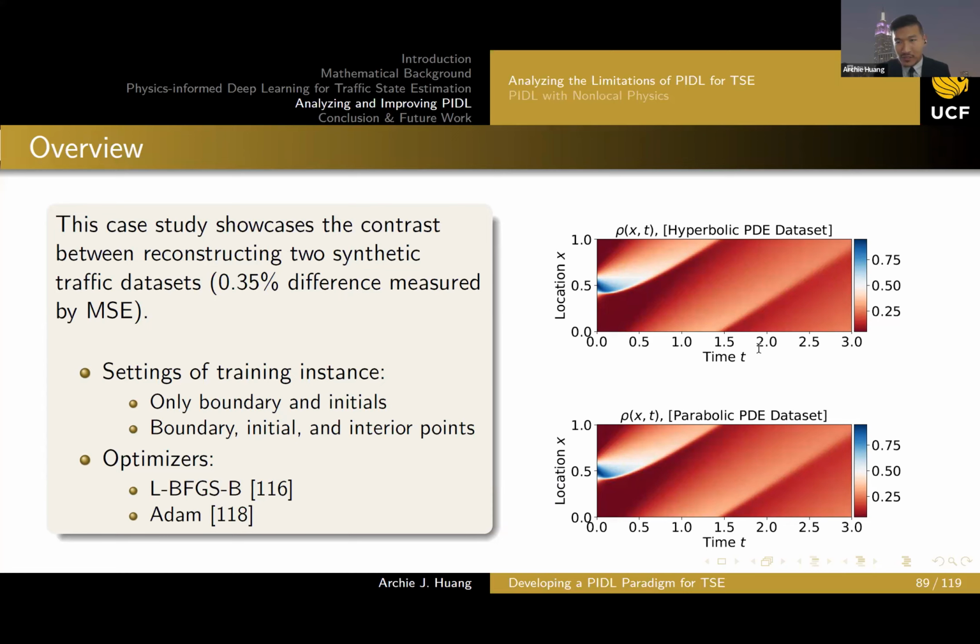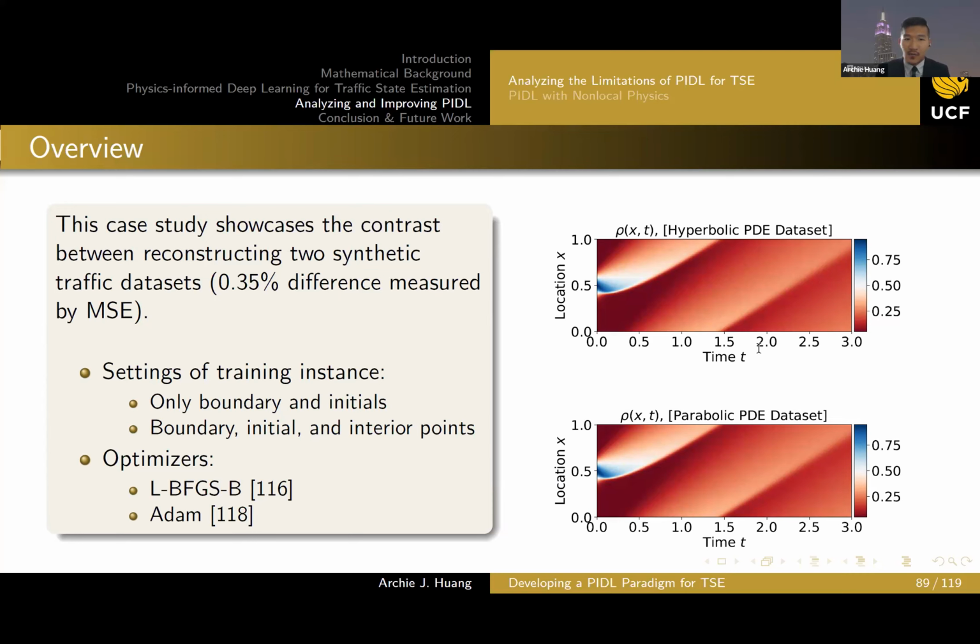For information about what strong and weak solutions are, or about the hyperbolic LWR PDE, you can refer to the first video where we covered the mathematical background, and also the second video where we formulate the PIDL paradigm with the LWR PDE. On this slide, I just want to emphasize that these two data sets are almost exactly the same. The difference measured by the mean square error is merely 0.35%.